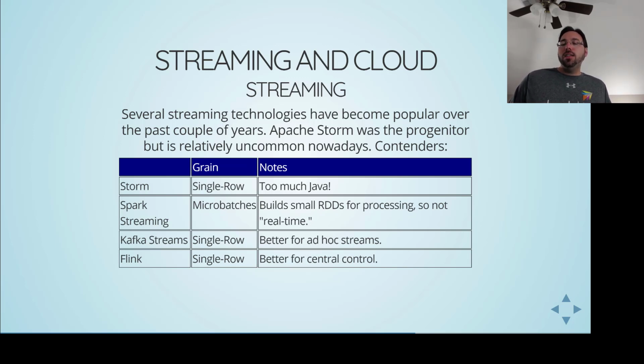And the only significant trade-off that I see is, if you have more of a data science solution, you're probably more interested in Kafka Streams. It's easier to get an ad hoc stream going. By contrast, if you're more of a central IT type, you might prefer Flink because it's better for centralizing control.